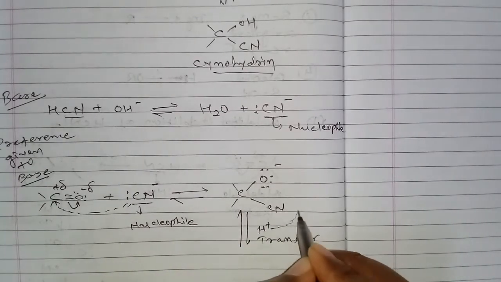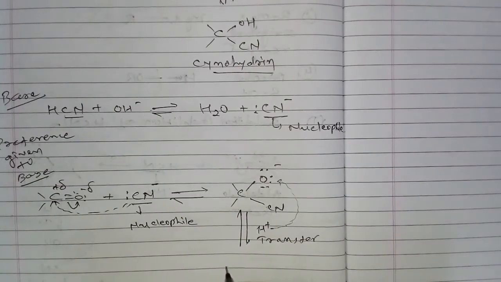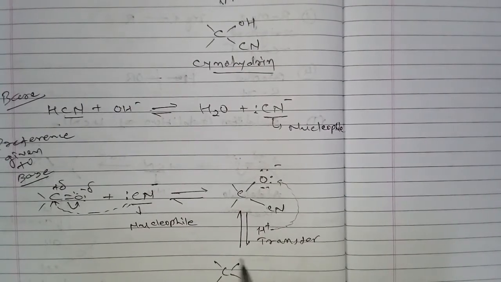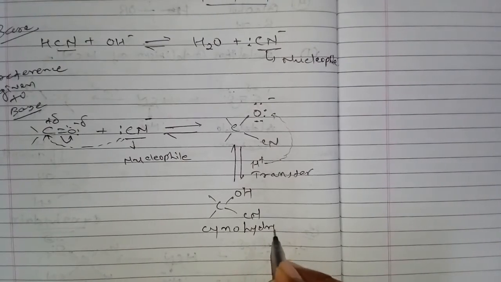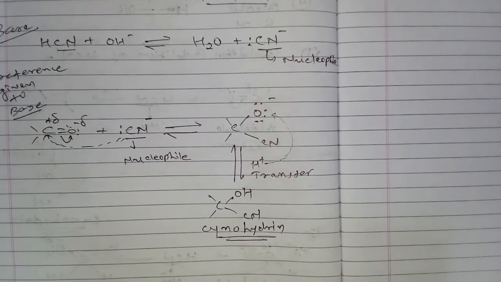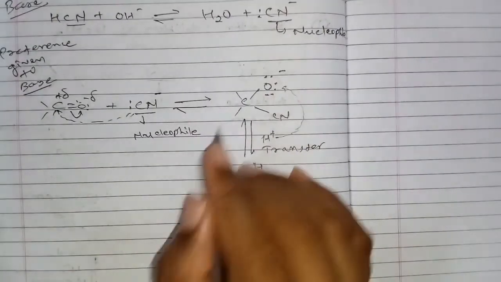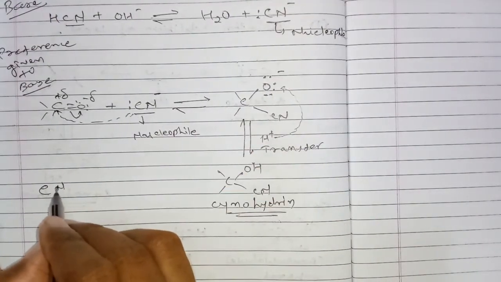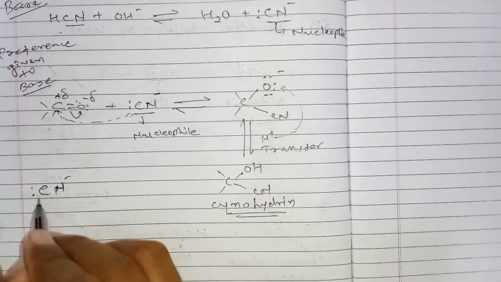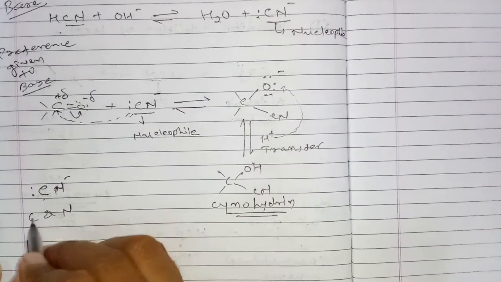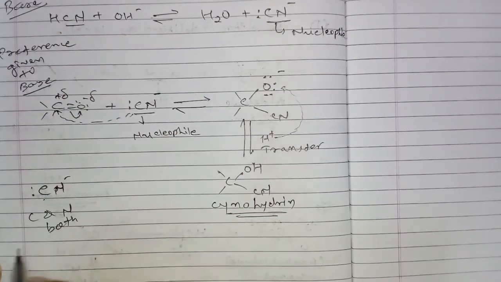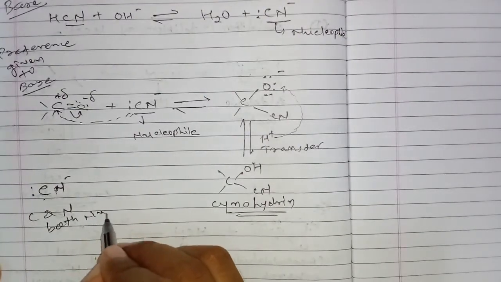This will be attached with the oxygen, and it forms cyanohydrin. So here in this cyanide, CN minus, carbon and nitrogen both are nucleophile.